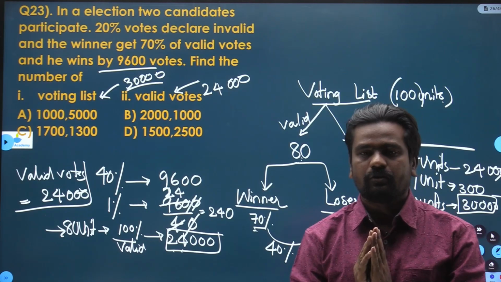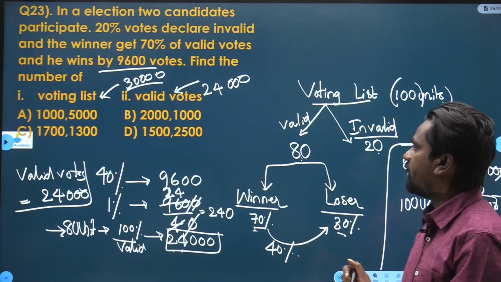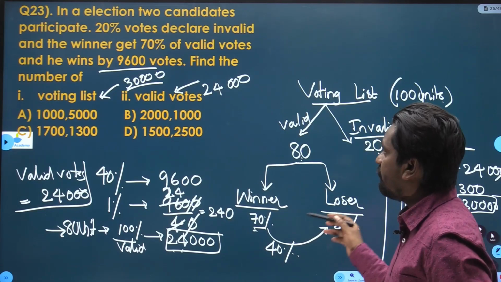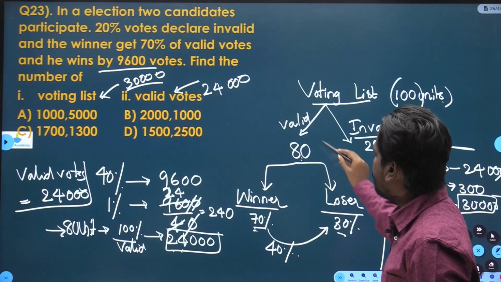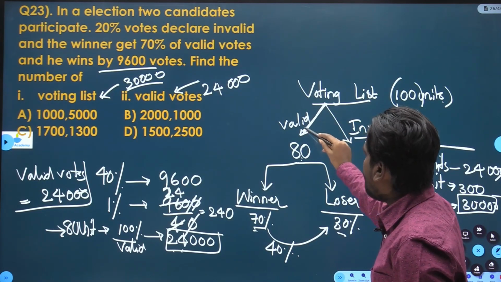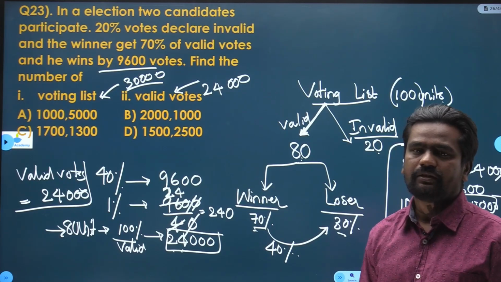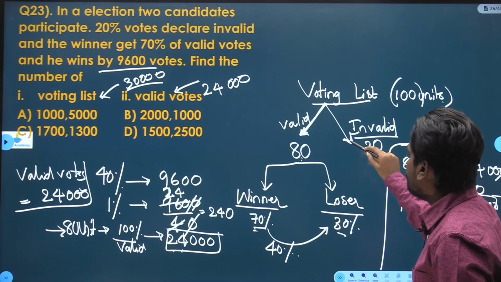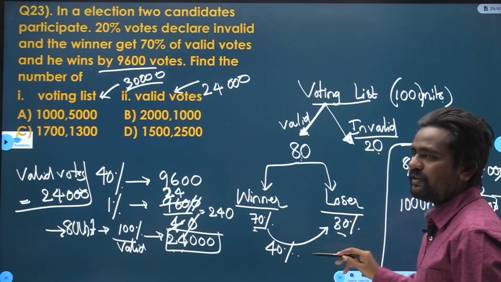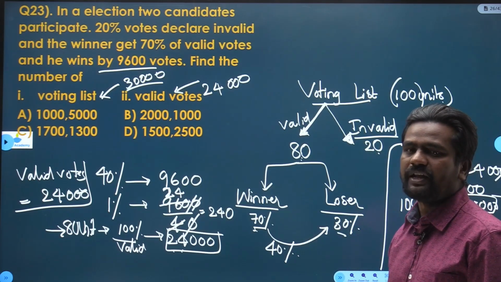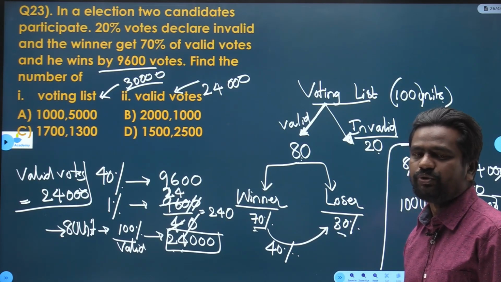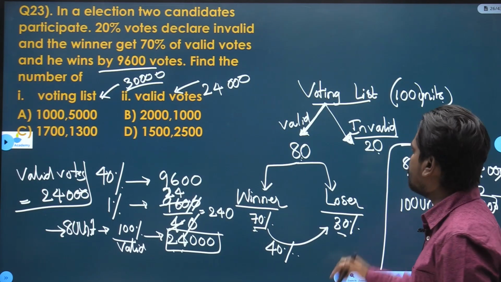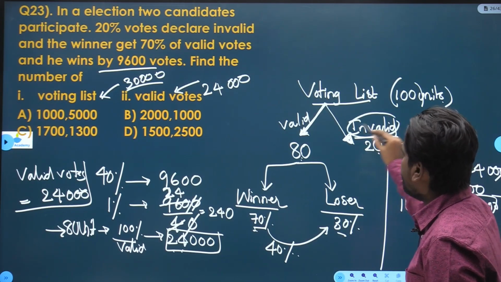After voting, there will be valid votes and invalid votes. The valid votes are properly voted by the people, and invalid votes are the votes where the people made a mistake during the voting process.